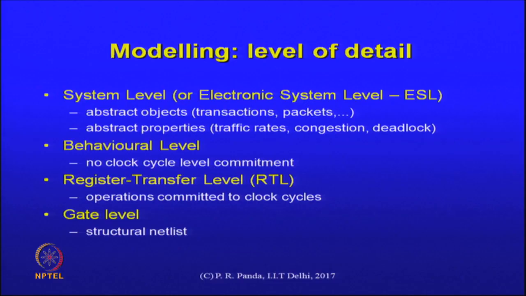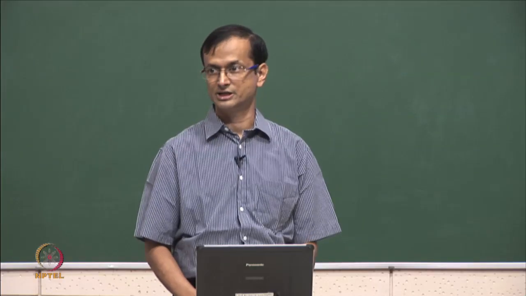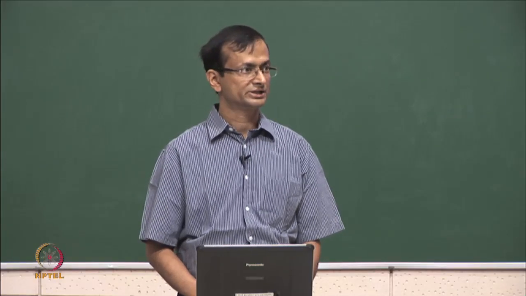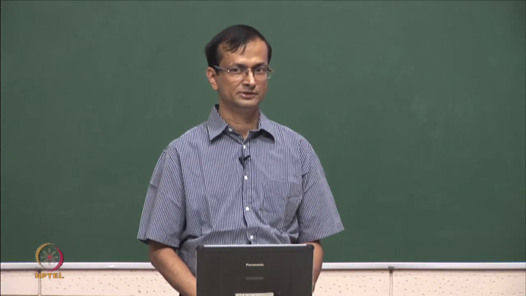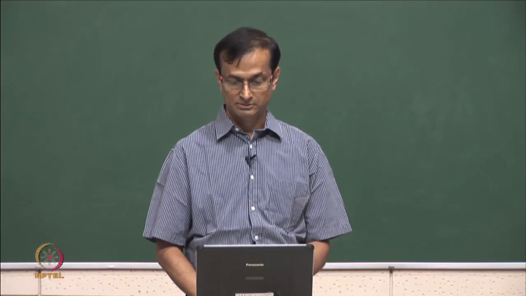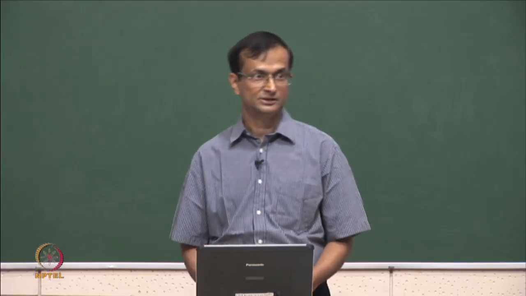Next down, that is what is called an RTL level or register transfer level of abstraction. At that level, we have made all the decisions of what operation will be performed in which clock cycle. It is an important abstraction change as we go down from the behavioral to the RTL level.